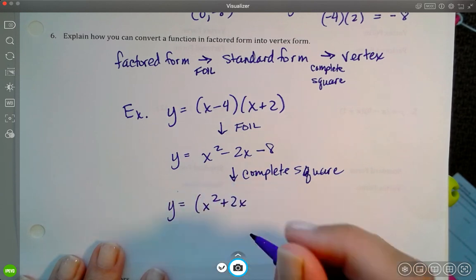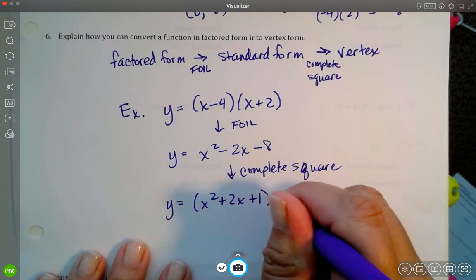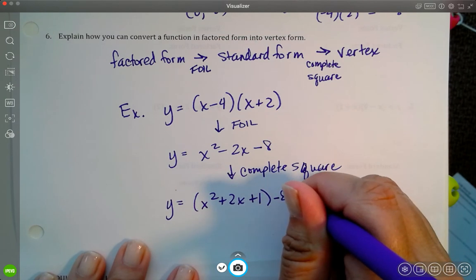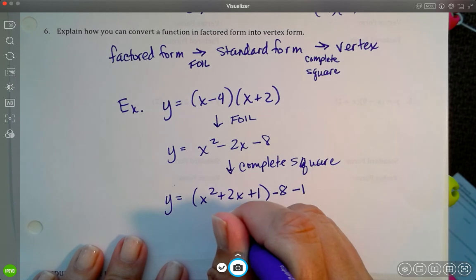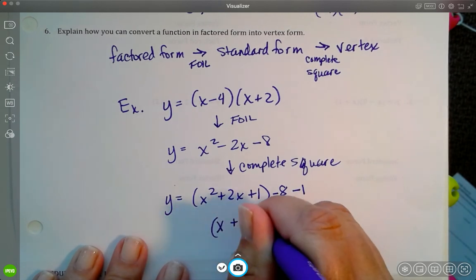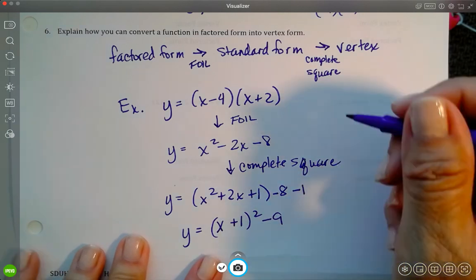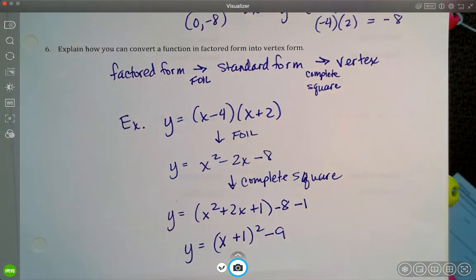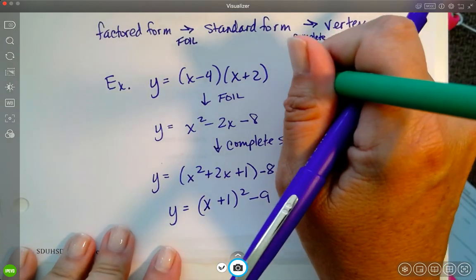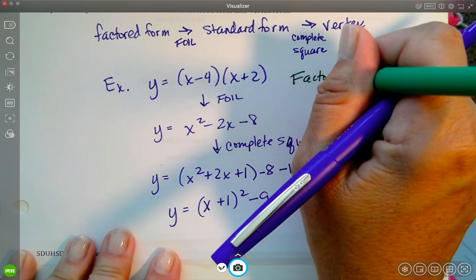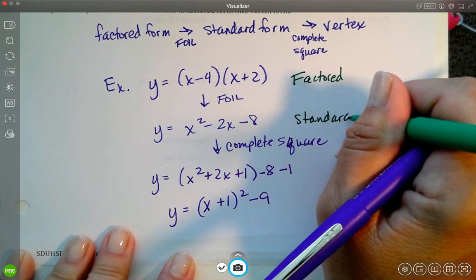Take half of 2, square it. You have plus 1. Bring down your negative 8. Subtract the 1 that you added in. Here you have x minus 1 quantity squared minus 9. So I have factored form, standard form, and vertex form.